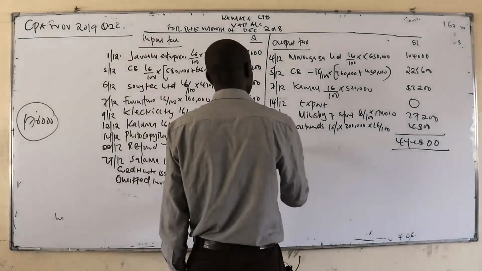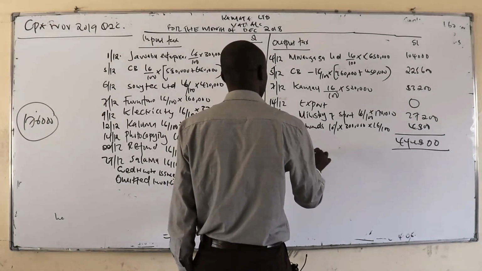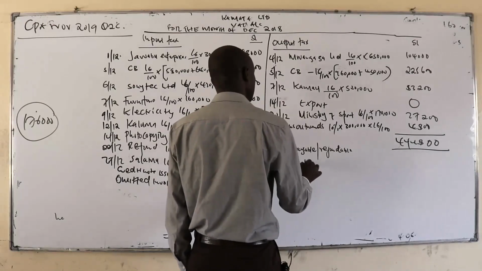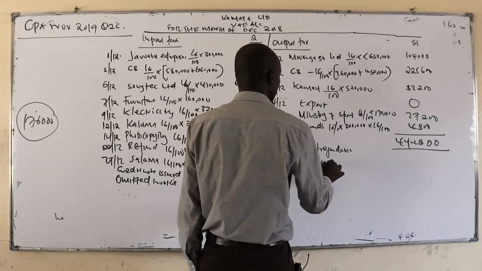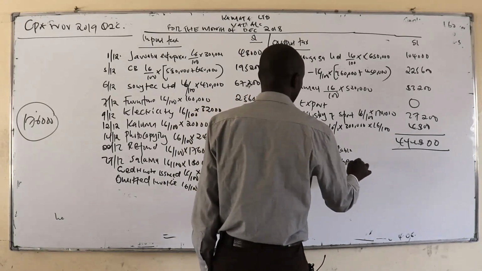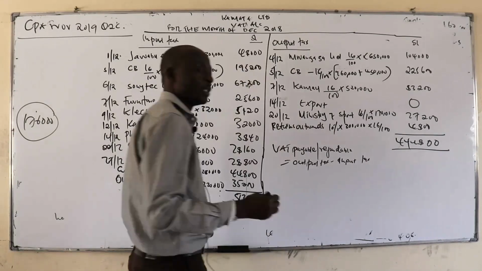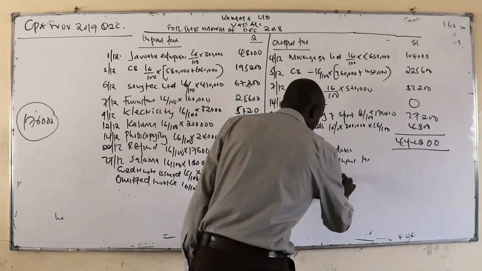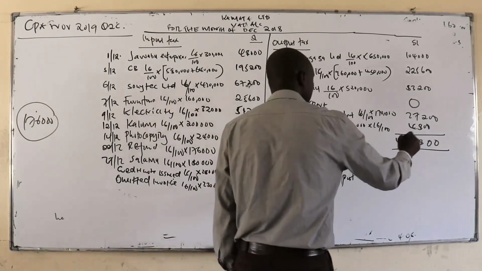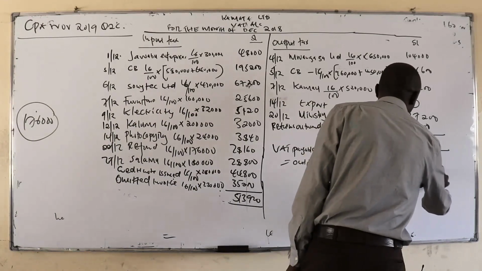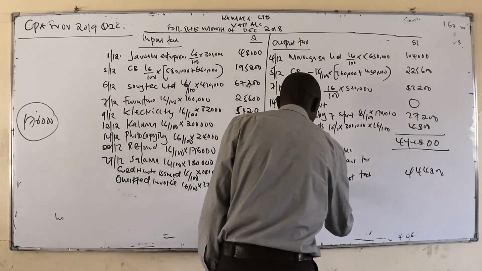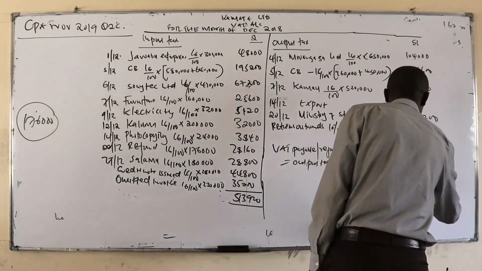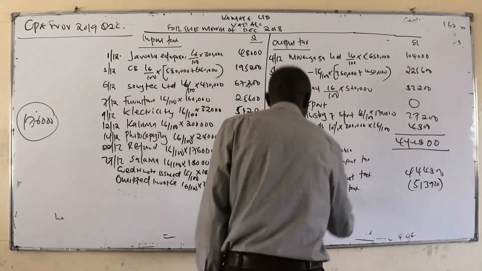So VAT payable or refundable is equal to output tax minus input tax. So our output tax is how much? 444,800. Then we less input tax. Input tax is 513,920.